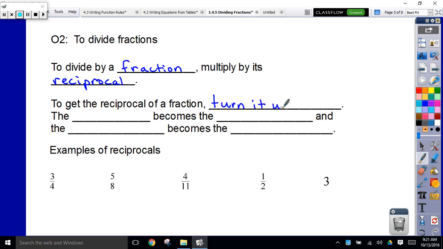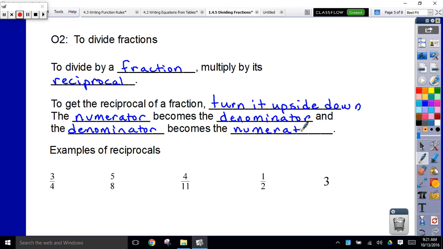The numerator becomes the denominator, and the denominator, or the bottom, becomes the numerator. So your top becomes the bottom, and your bottom becomes the top.